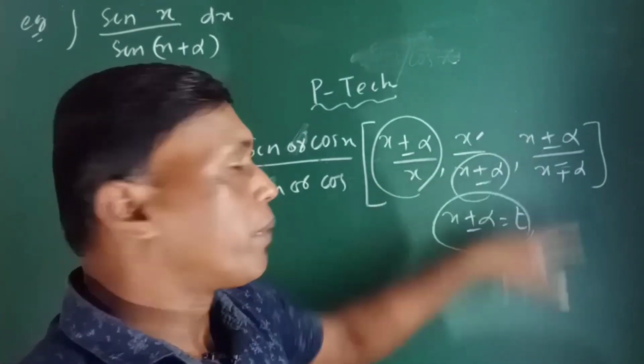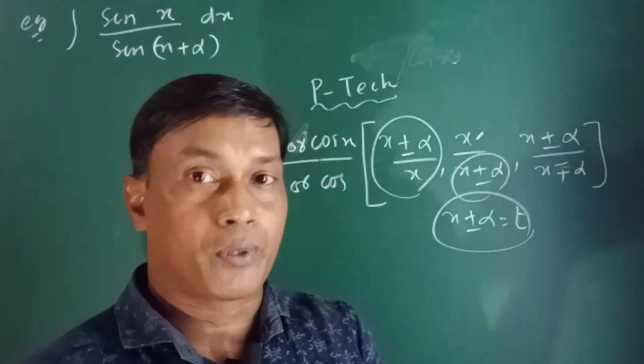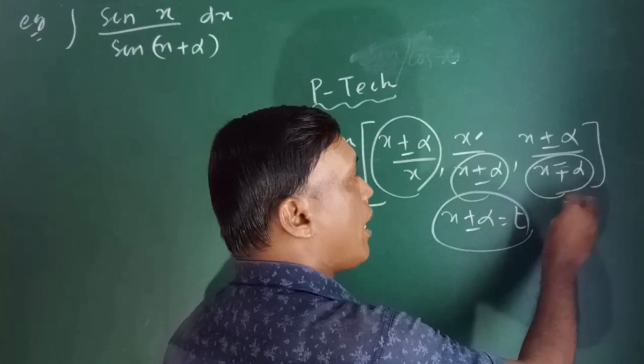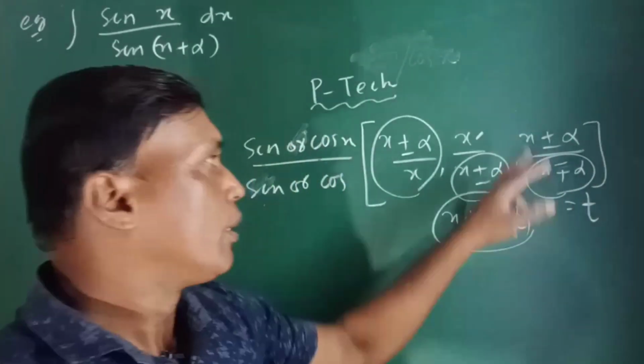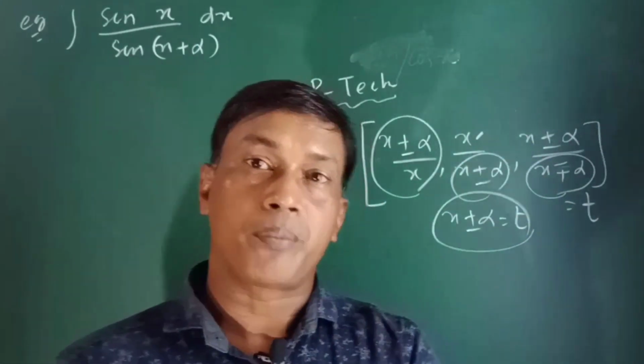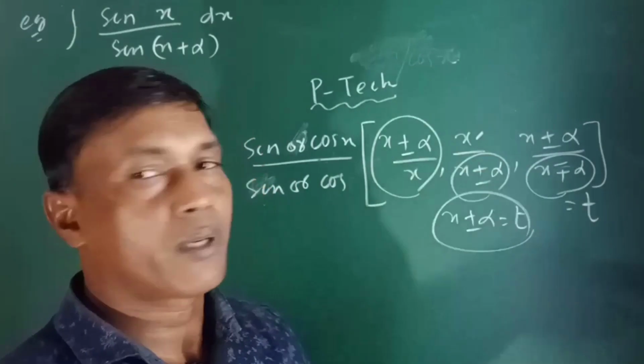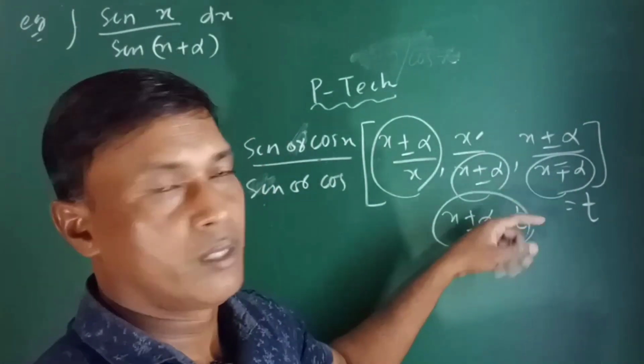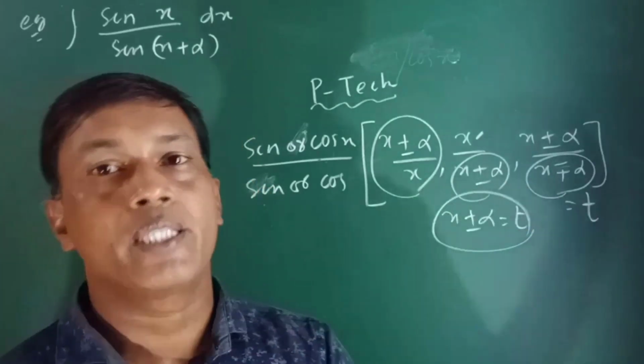If the numerator and denominator both consist of two terms, then you have to substitute the denominator as t. At that time what will you do? Substitute the denominator as t.